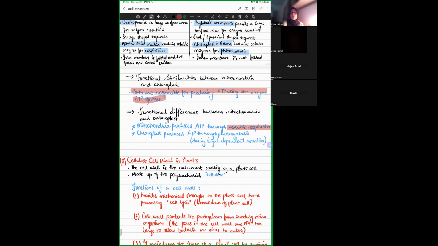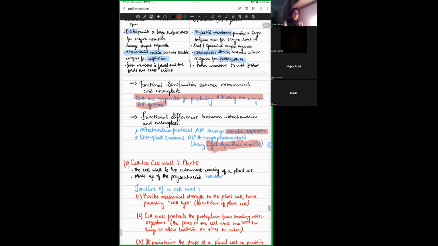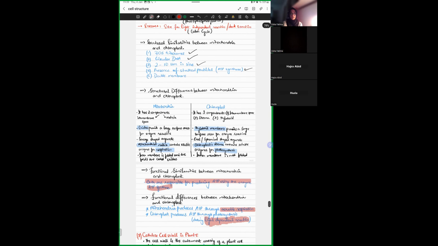And in chloroplast, we know that ATP is required for the process of photosynthesis. Chloroplast is responsible for photosynthesis, and therefore, chloroplast produces ATP through photosynthesis. And we also discussed in what stage of photosynthesis ATP is being formed. So, ATP is being formed in the light-dependent reaction, the light-dependent stage. So these are the functional similarities and differences and structural similarities and differences between mitochondria and chloroplast.